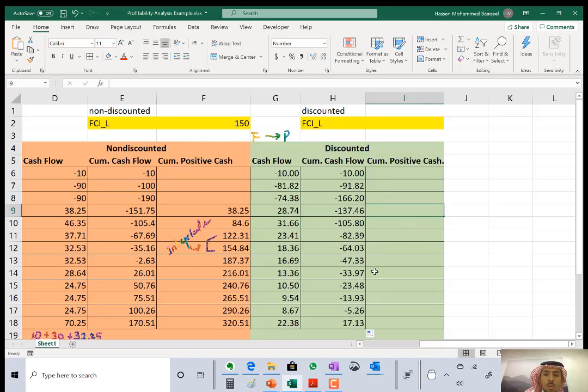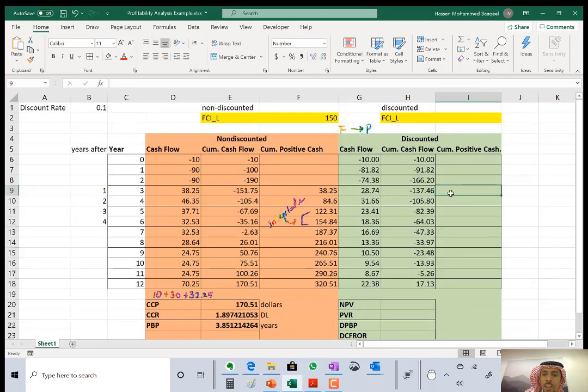Positive cash flow does not start until year 3, and these are the values, similar to the one we've done before. We drag this one here, and I will stop in year 11.